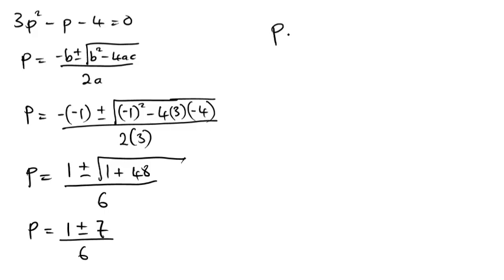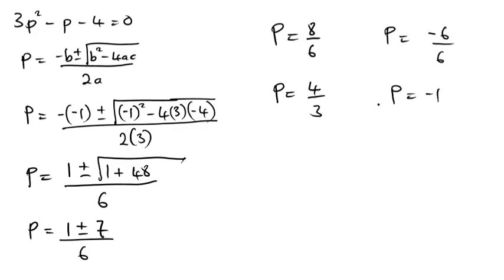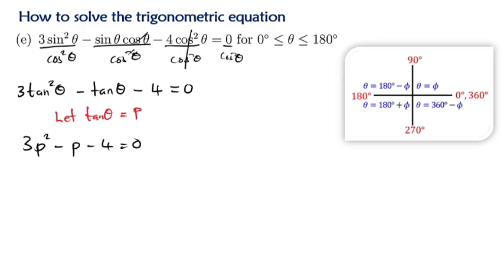So the first value of p will be 1 plus 7 over 6, that is 8 over 6. The second one will be negative 6 over 6. So this one gives us 4 over 3, and this one gives us negative 1. Okay, so we have found the values of p.